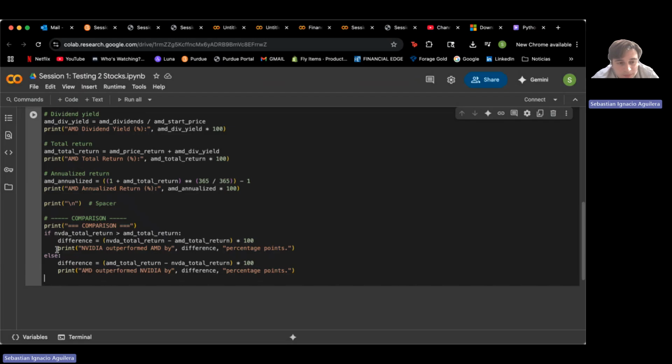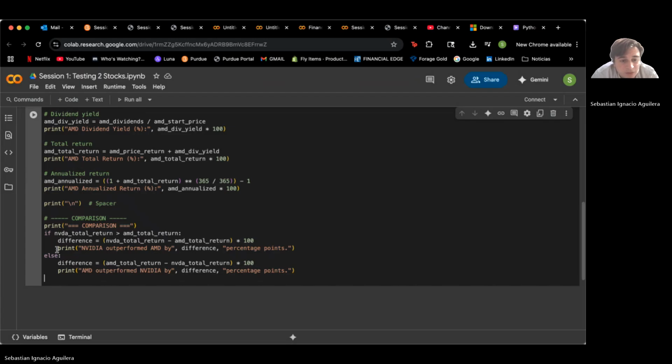So for the comparison, this is the formula I used. If NVIDIA total return is greater than the AMD total return, the difference equals NVIDIA total return minus AMD total return times 100, and it will print out that NVIDIA outperformed AMD by the difference in percentage points.